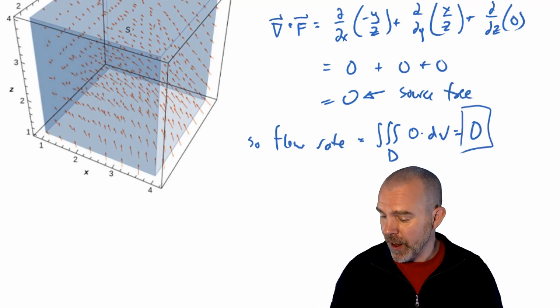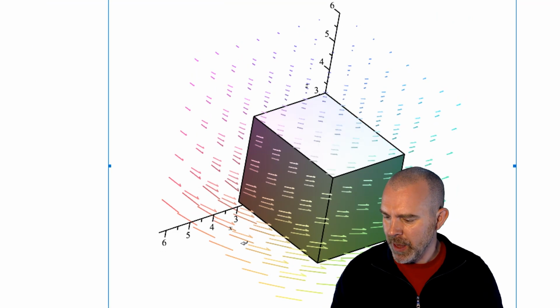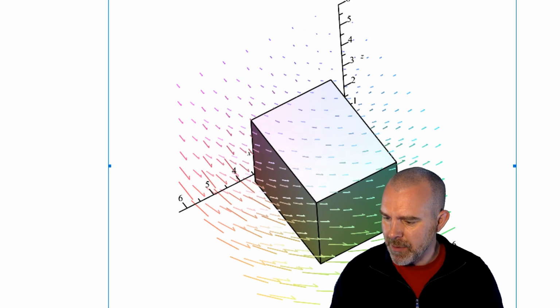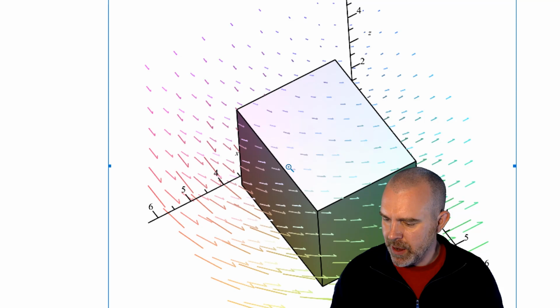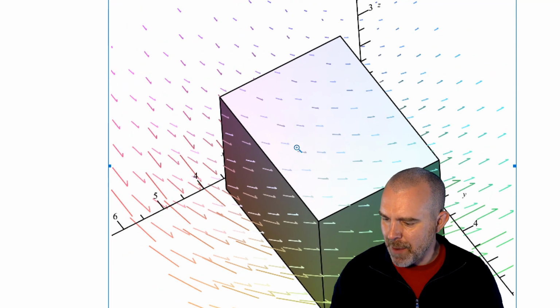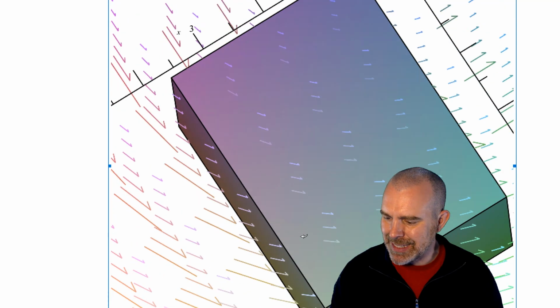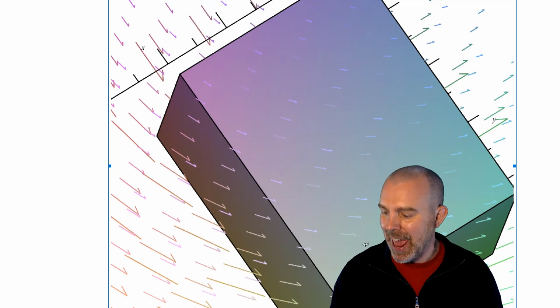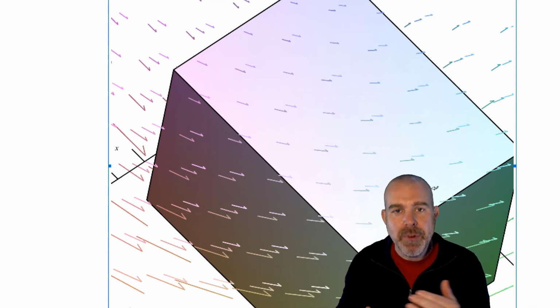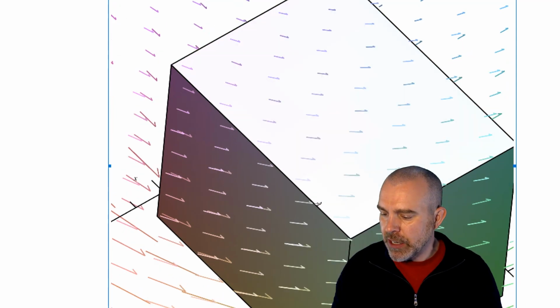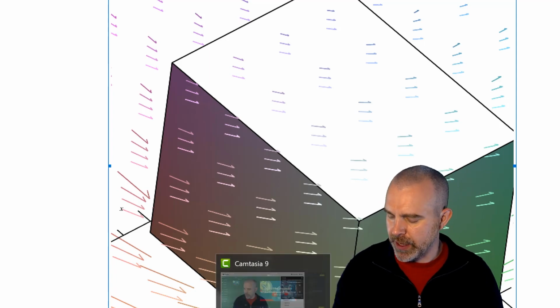So what's happening here, if we click over to the Maple, maybe we can zoom in, is that there's the same going in as there is going back out. So there's no net flow outward, no net flow inward. It's kind of just going right through here.